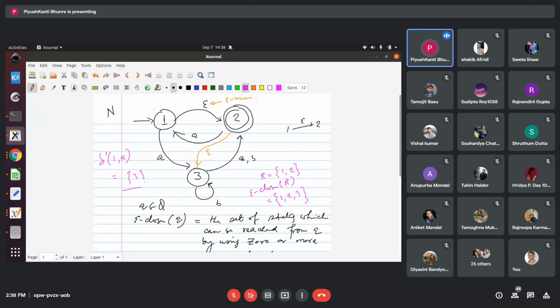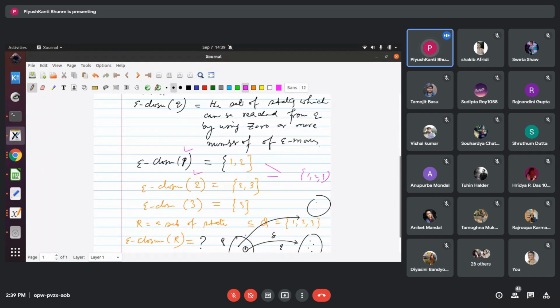Say in this case you have 1, so from 1 to 2 it can go by an epsilon move, or you can stay here. So basically epsilon closure of 1 includes the state itself, and if there is an epsilon move, that move takes you to some other states. Note that there is another epsilon move from 2 to 3, so 3 will also come over here.